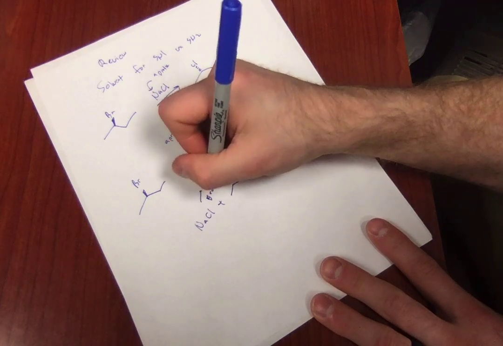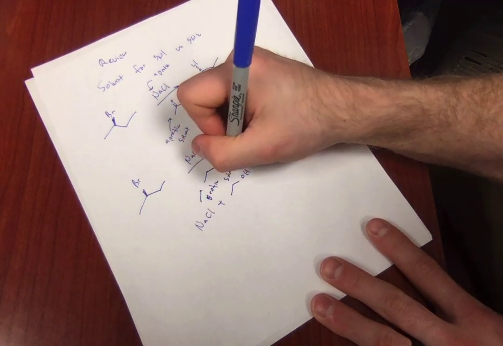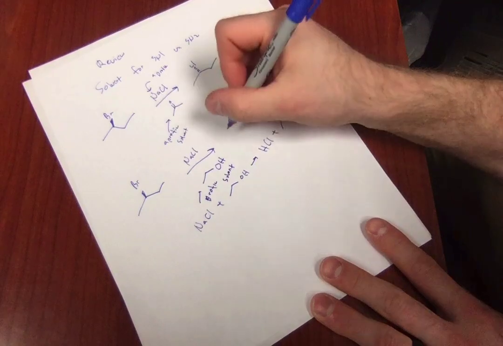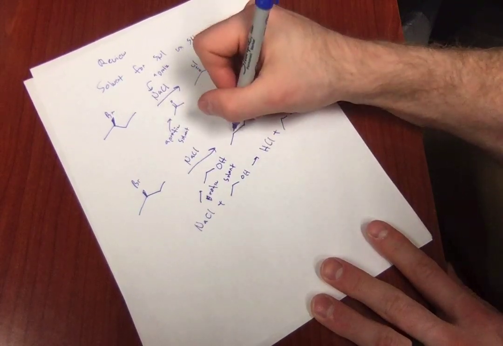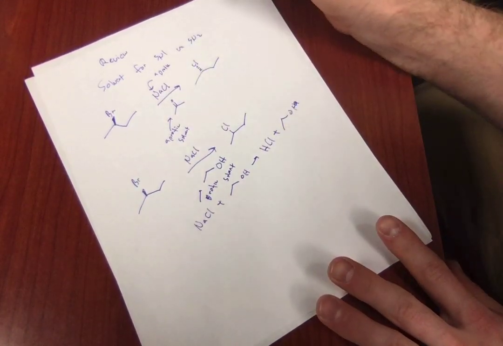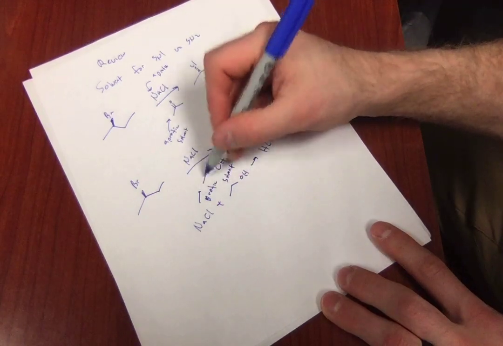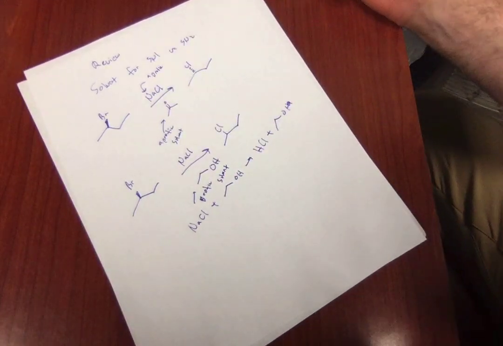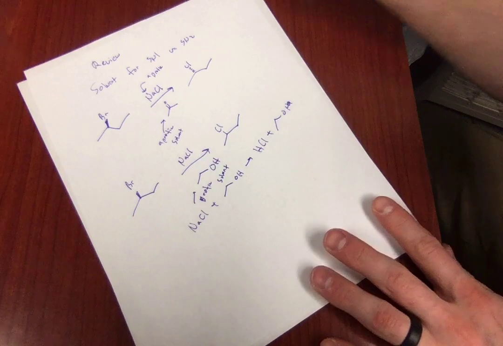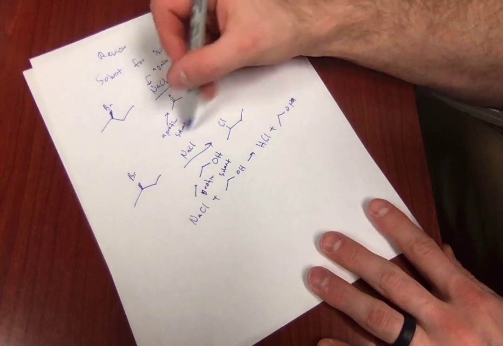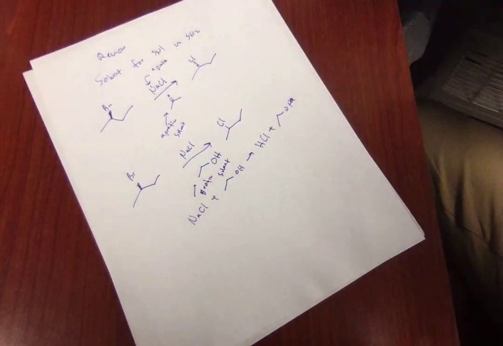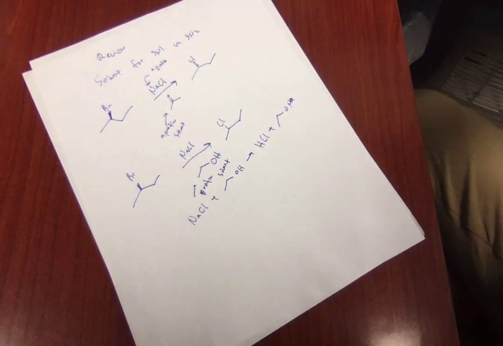This one's protic. So this would end up giving me my SN1 reaction. Just because I didn't use the right solvent, it's going to force it towards the wrong reaction here. So when we're doing these SN2s, we need to use aprotic solvents, and then for SN1, you could use a protic solvent.